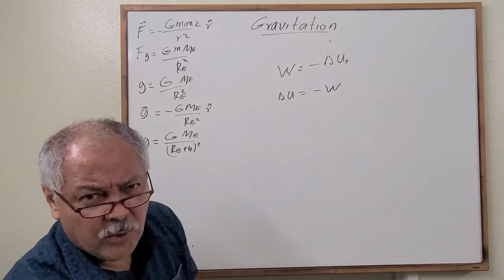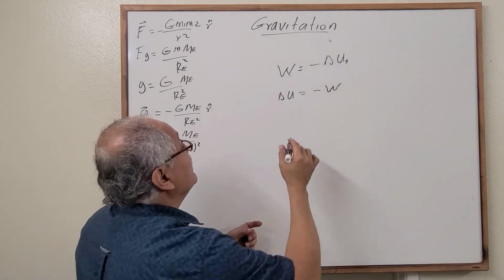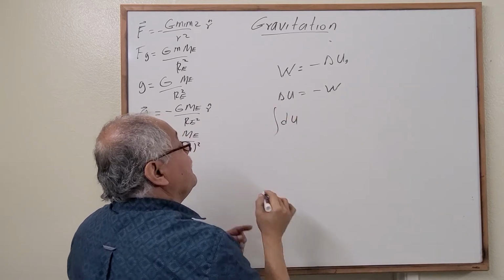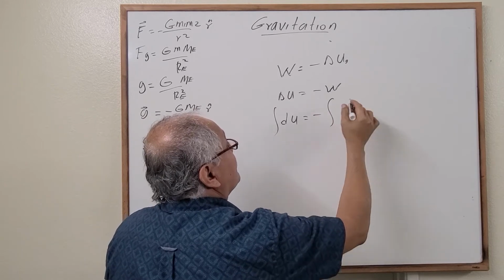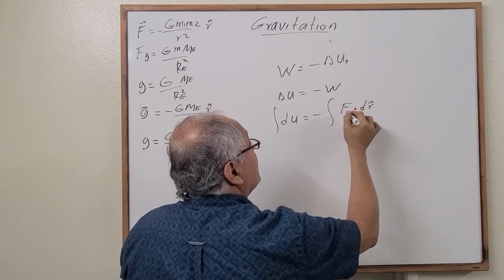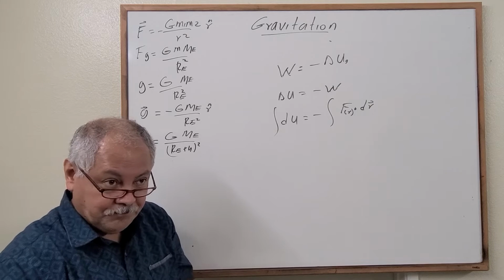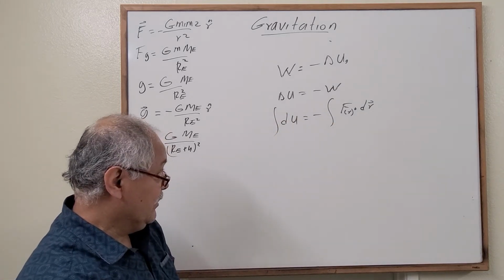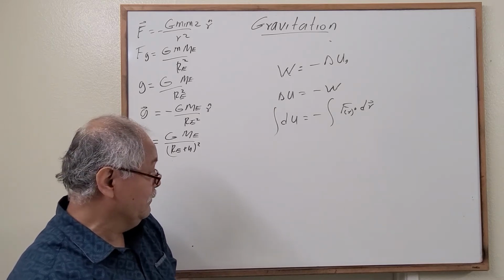But how do we define work? Work is force times distance, or the dot product. Let's use integrals: it is equal to negative the integral of F dr, because the force depends on the distance only.